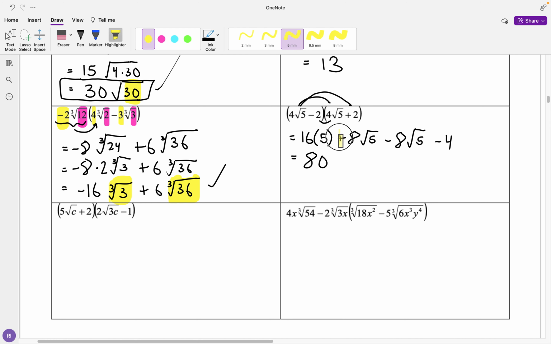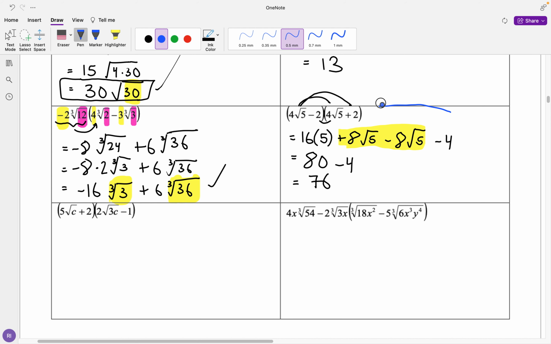And the thing to note on this one is you add 8 root 5 and subtract 8 root 5, that becomes 0. It essentially disappears. So 80 subtracted by 4, and you end up with 76.